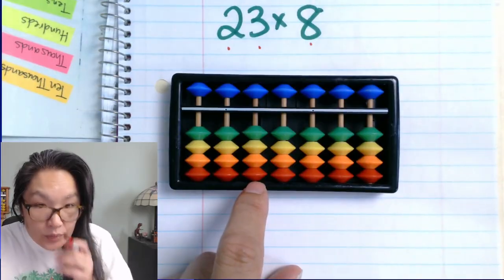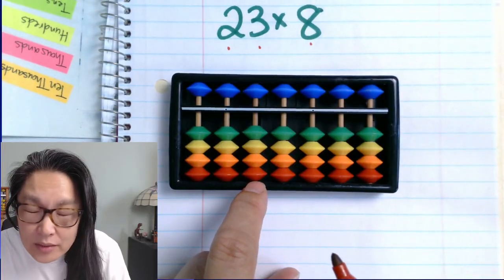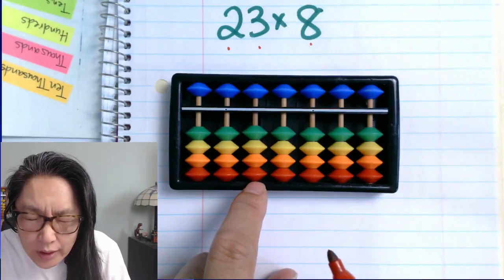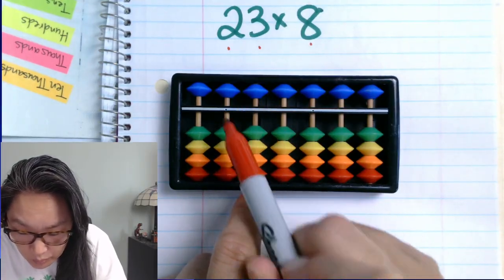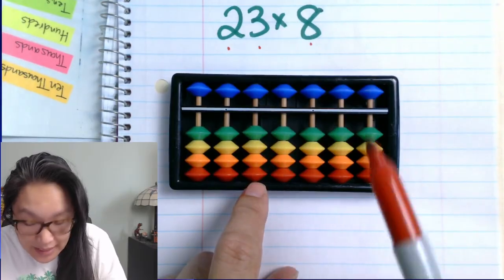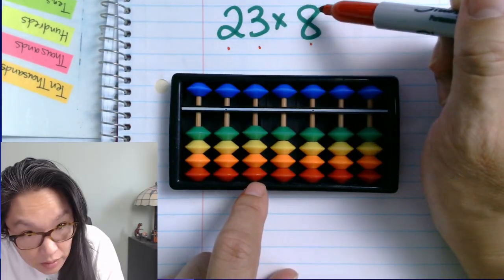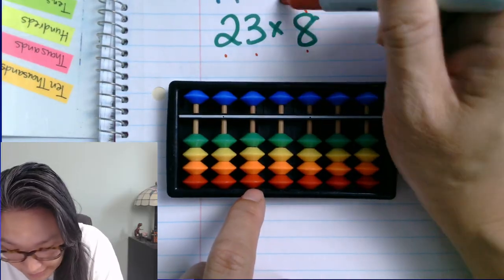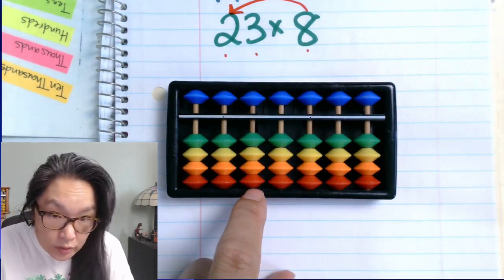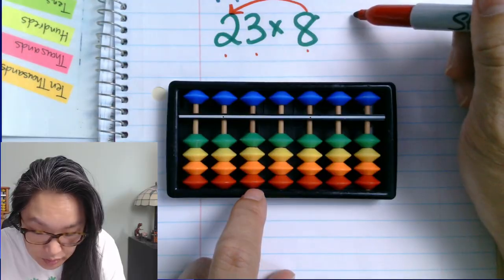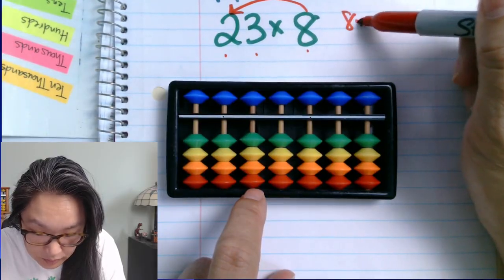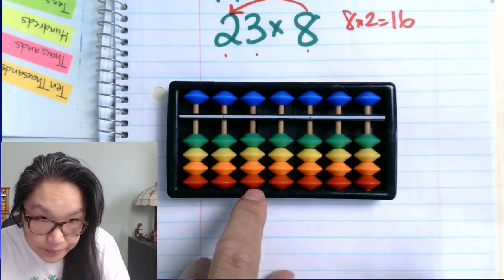That's the reason why we need to know where we're going to put our answer. We only need to understand where we're going to put it because it's going to help us. Now what do we do? We do 8 times 2, which is equal to 16.